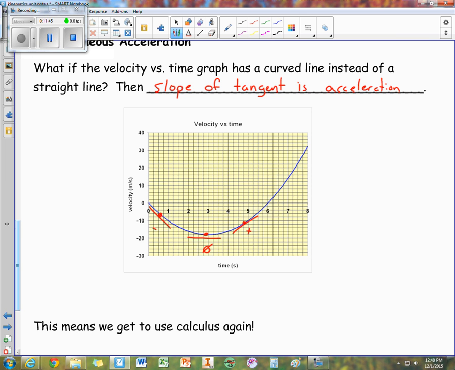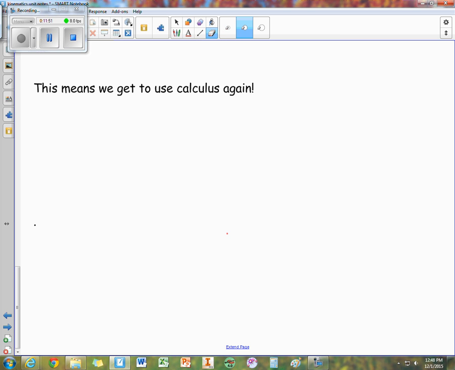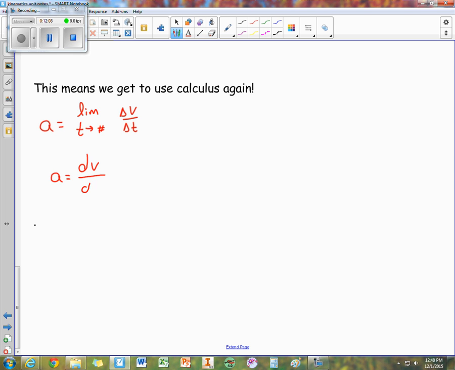This also means that once again, we get to use some calculus. The acceleration will be the limit as time approaches some number of delta v over delta t. So in other words, acceleration would equal dv over dt.